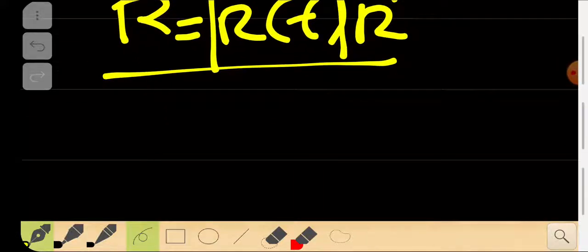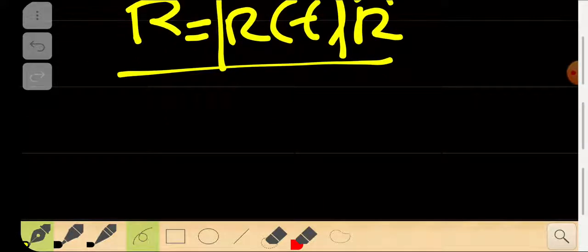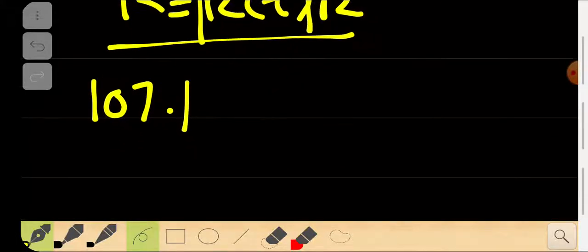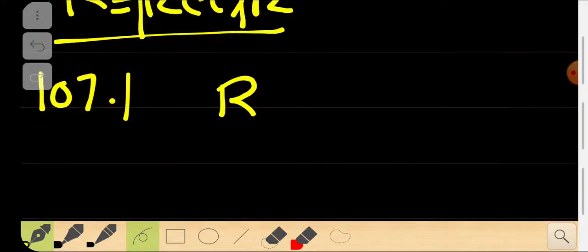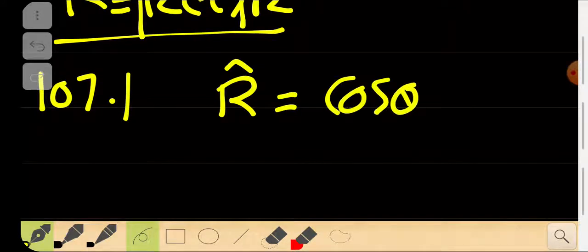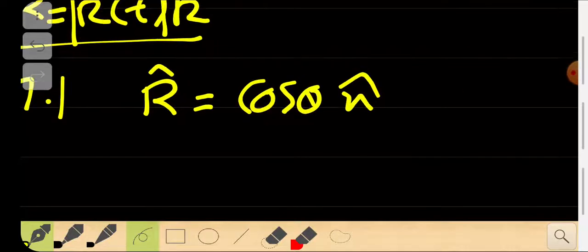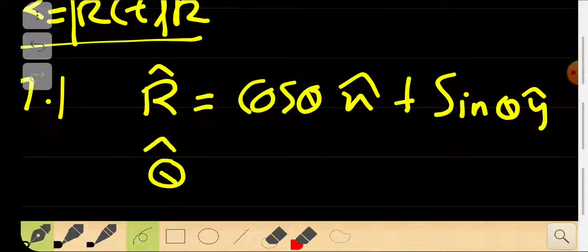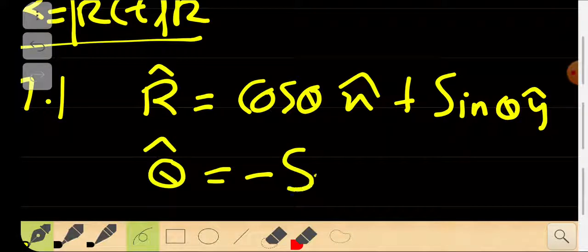In the first lecture of this section, 107.1, we formulated some things. The first one was that r cap can be written as cos theta in the x cap direction, and we are going to use this here. That's why I am mentioning things again. Don't be confused, I'm not repeating for no reason, we need to use it right now.